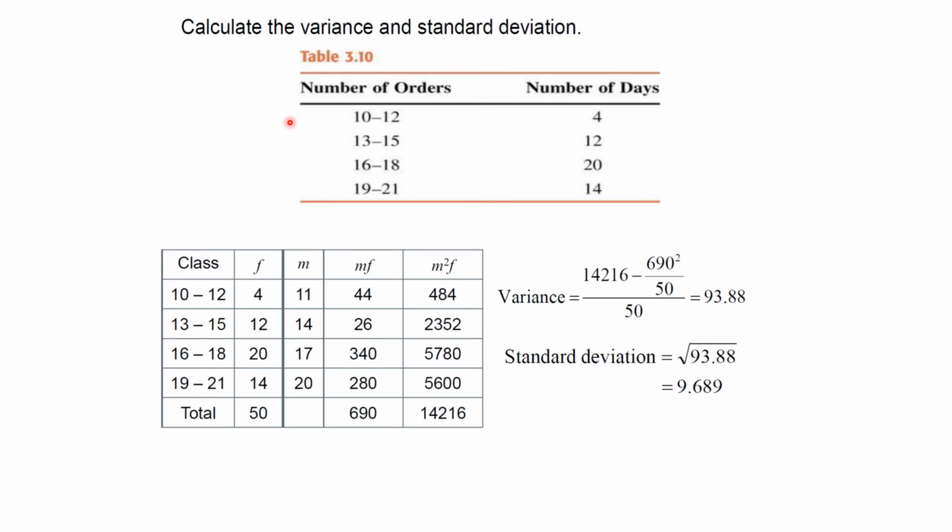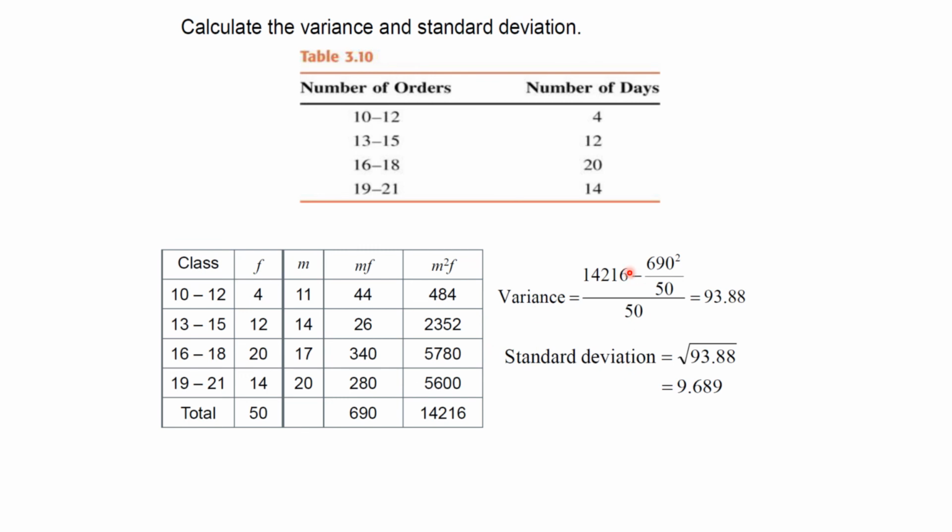Group data, obviously there are classes, and it's a number of days. So in this case, you construct a table. It makes your calculation easier. For this part, I use the second formula, the alternative formula for variance, which is the sum of m squared times f, which is this, take away the sum of mf squared over the sum of f, or the total number of data, 50, over the total number of data, which is also 50.